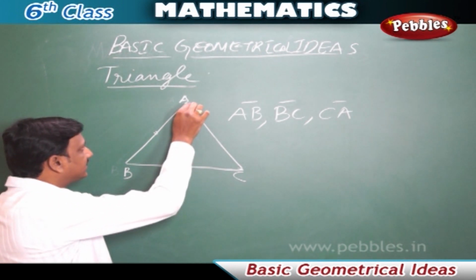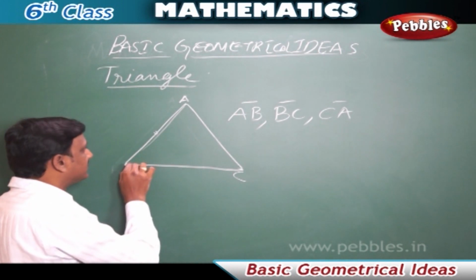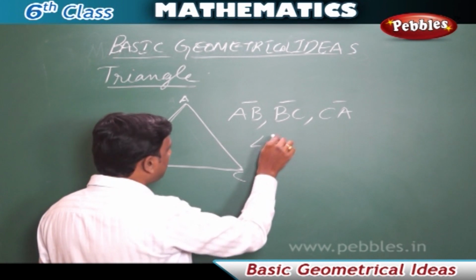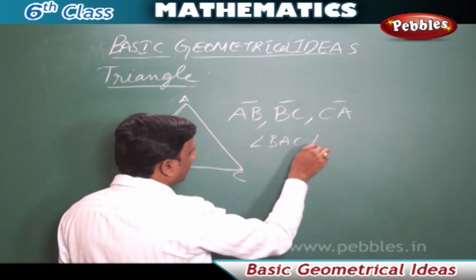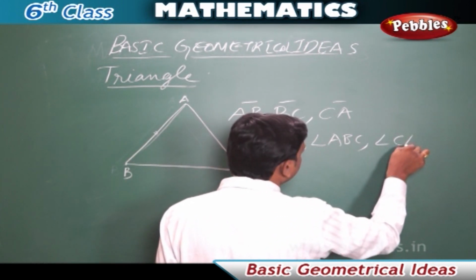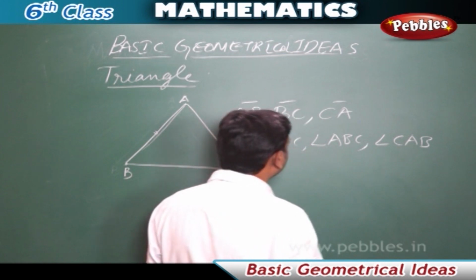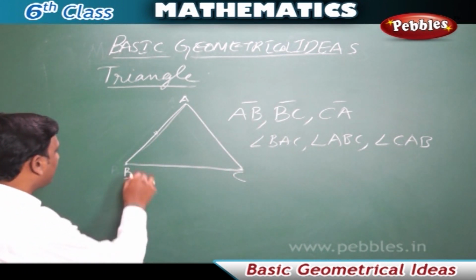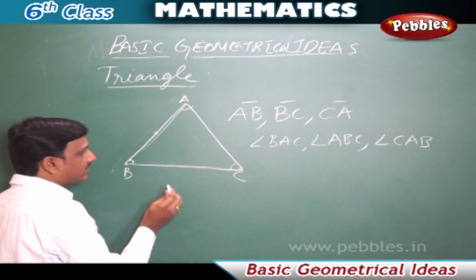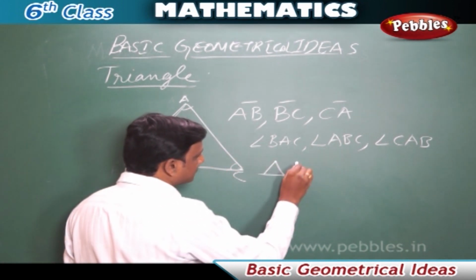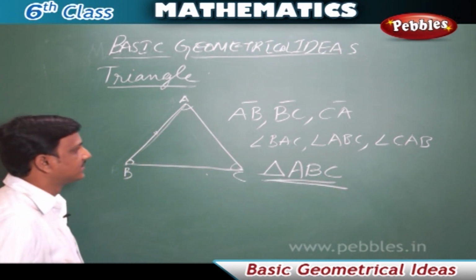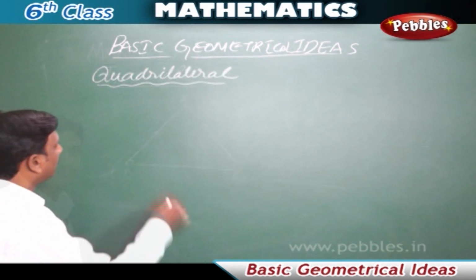So these three line segments, they make three vertices and they form angles. Angle BAC, angle ABC, angle CAB. So they make three angles. Here three angles. And the total figure is denoted as triangle ABC. So this is called as triangle ABC. Quadrilateral.